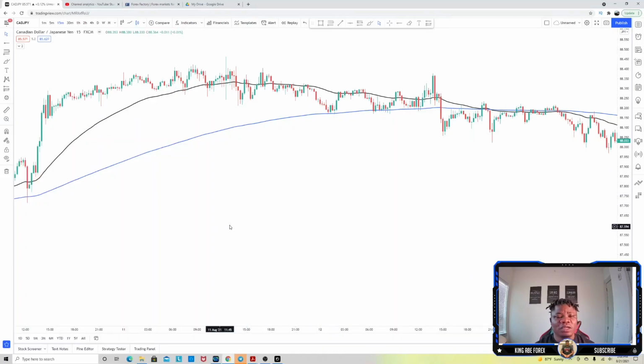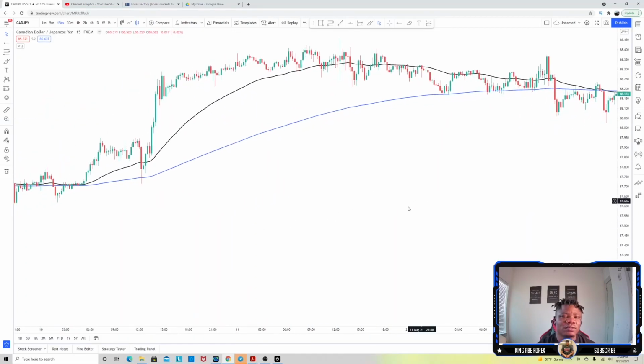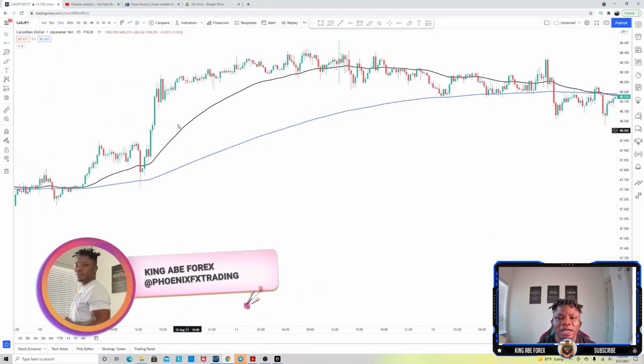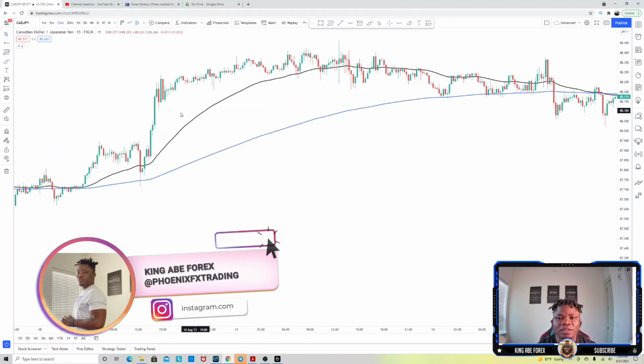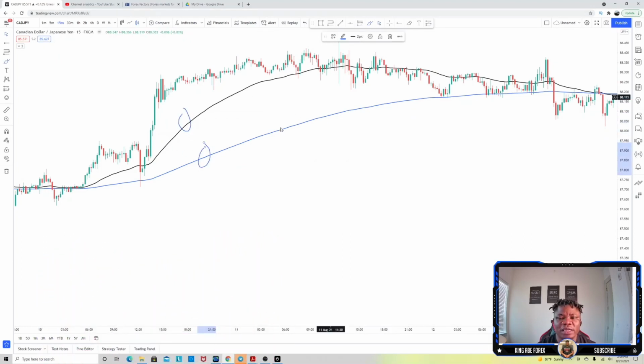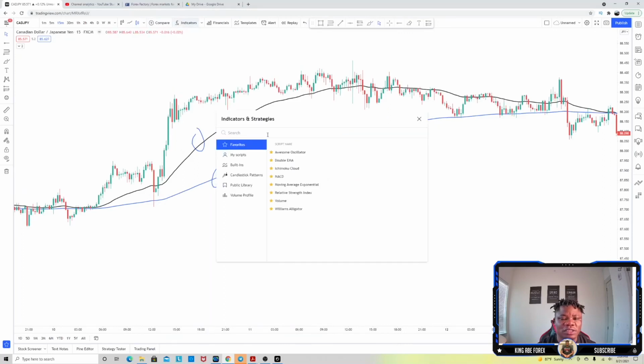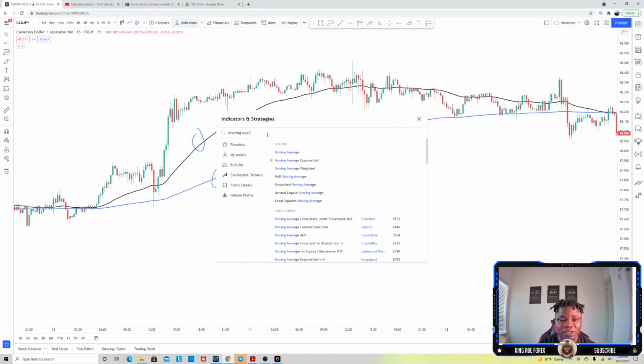So looking at this here, if you guys take a good look on my chart, I have two indicators here. I have the 50 EMA here, and I have the 200 EMA here. If you guys want to add this onto your chart, go here to indicators, and simply search for moving average exponential.